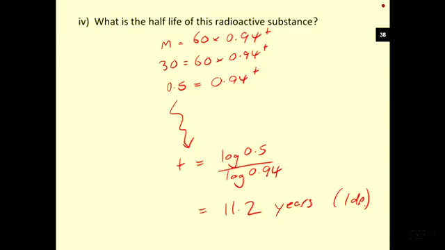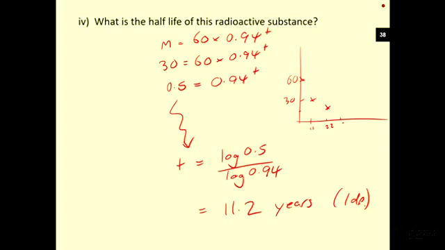So there's the concept of why radioactive waste is such an issue. Well, if this thing started at 60 grams and kept halving itself every 11.2 years, in 11 years it'll be 30 grams. After 22 years it'll be 15 grams.